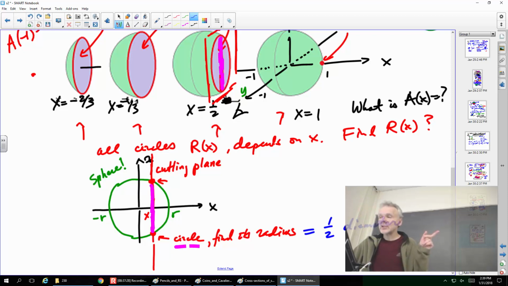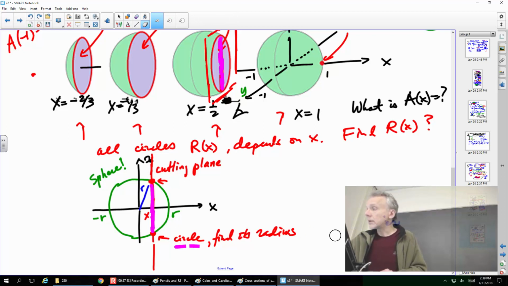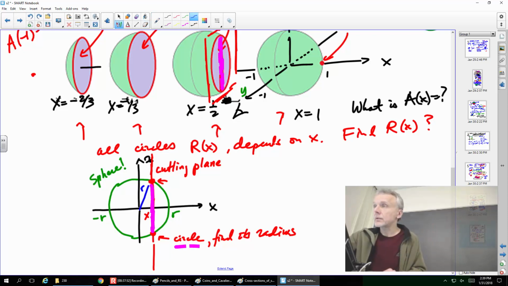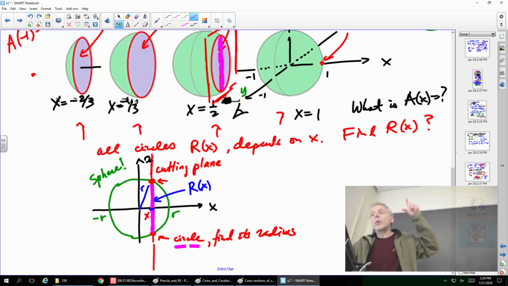If x, you can see x, you also know that this distance is r. It's our circle. So what is the radius? You see the picture? This is the radius, this is r of x, the vertical part.